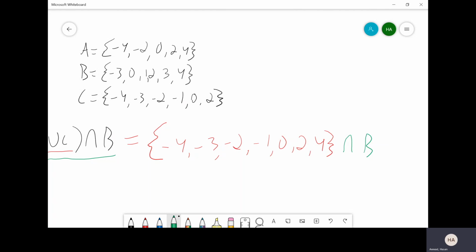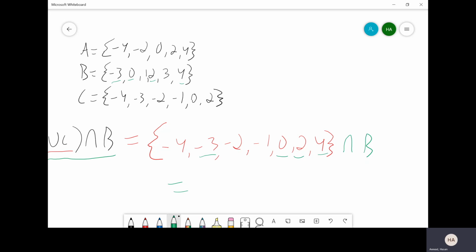So we're essentially just going to say, okay, well, what's found in both? Well, we have -3 in both, right? We have -3 here, and we have -3 here, okay? We have 0, and we have 0. We have 2, we have 2, and we have 4, and we have 4, right?